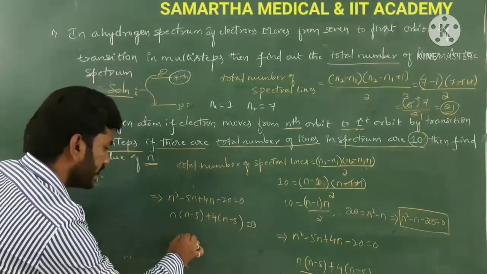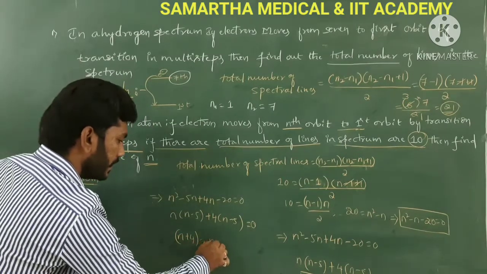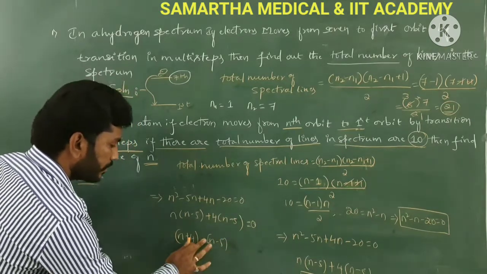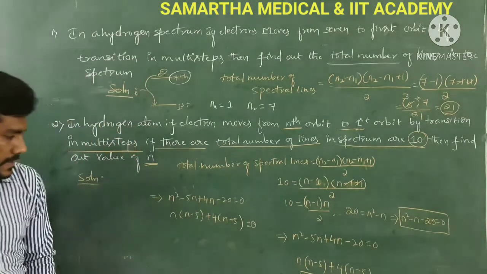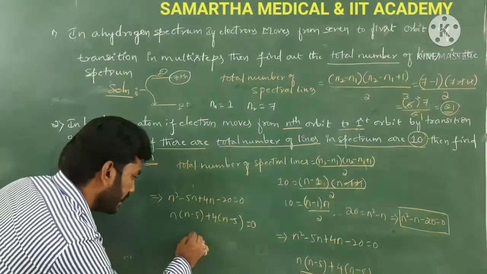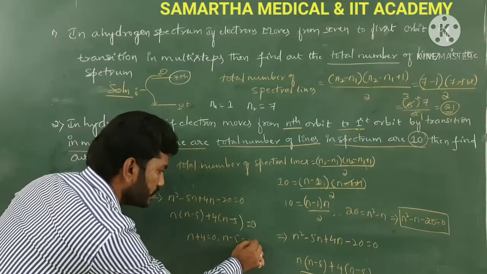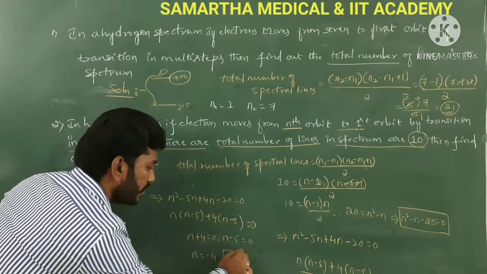Yes guys, let's take (n plus 4) and (n minus 5); we get two forms here. n plus 4 equals 0, n minus 5 equals 0. So n equals minus 4 and n equals plus 5.